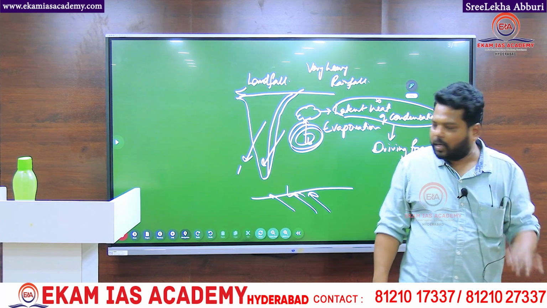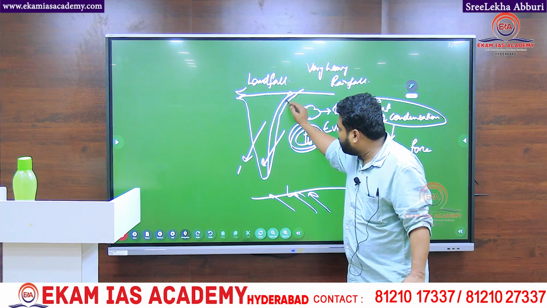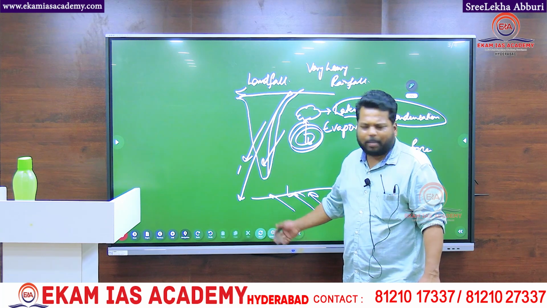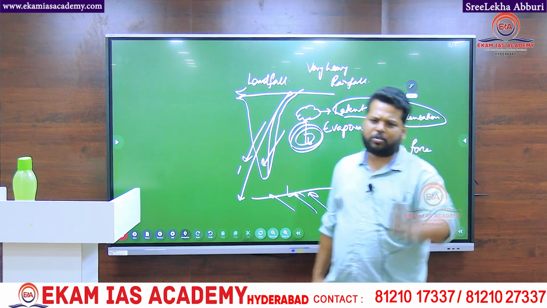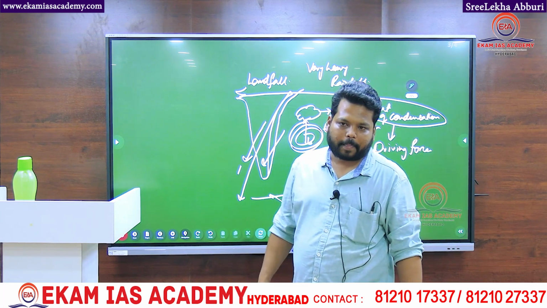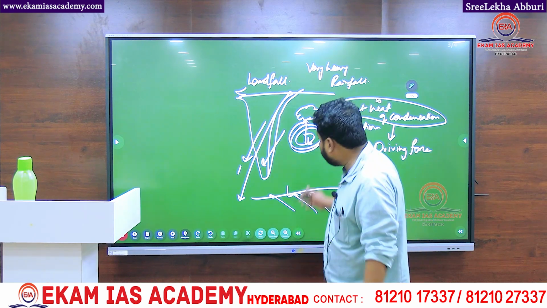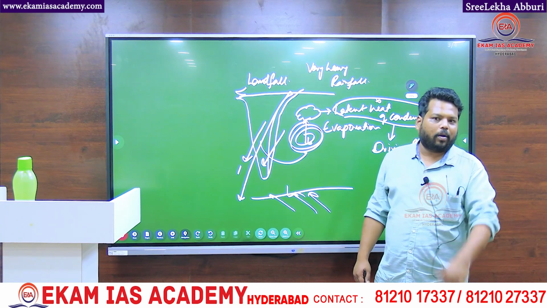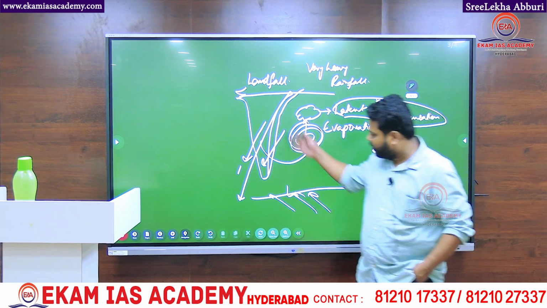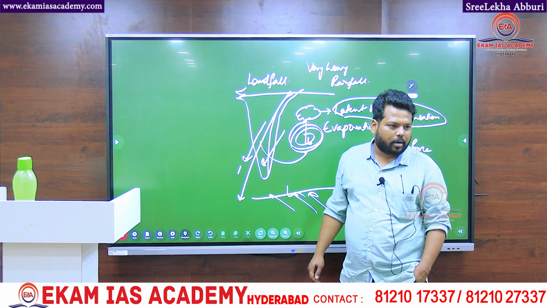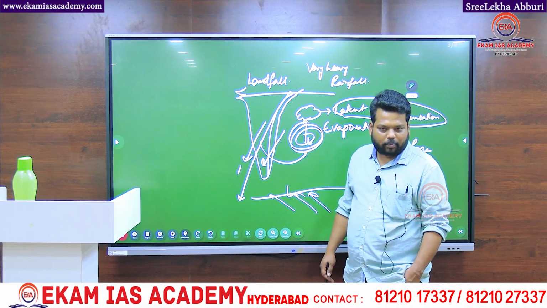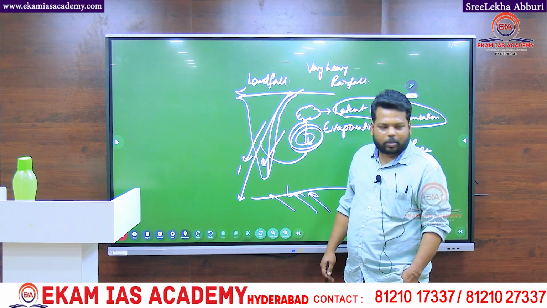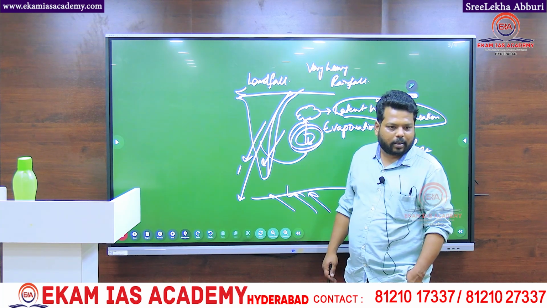You remember it, right? So let's say winds are moving from the subtropical high pressure belt to the equatorial low pressure belt. But is there any necessity that they have to reach the equator for sure? If the winds find low pressure here itself in the Bay of Bengal, do you think they will move until the equator? The winds won't move. Yes or no? So what would the winds do?